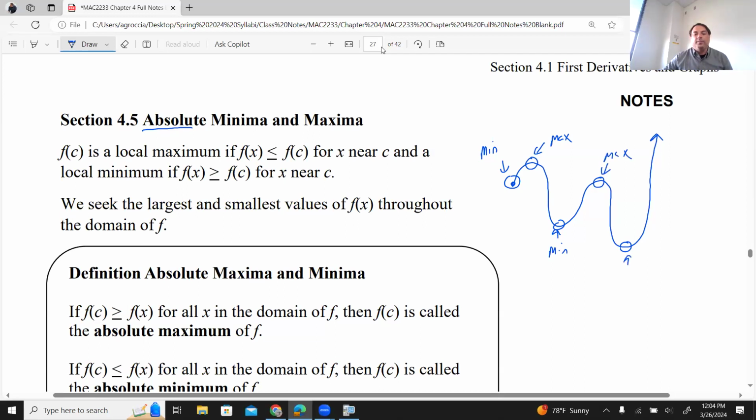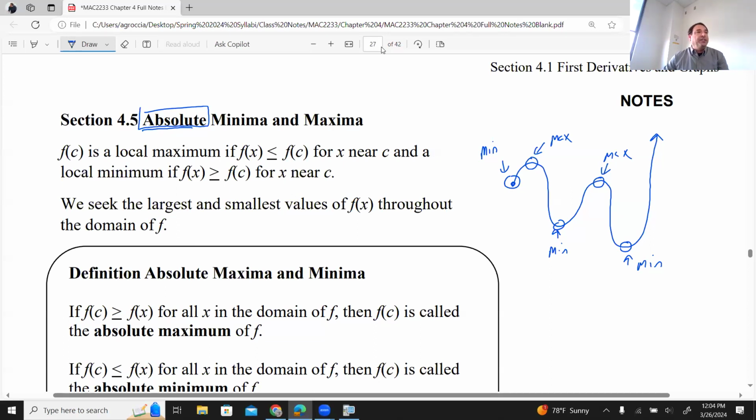And fifth one, min. So we're pretty comfortable talking about maxes or mins. Now, before this point, we would say local max, local min. Now we're adding absolute. But remember, absolute means you are the highest point in the entire graph, or you are the lowest point in the entire graph.